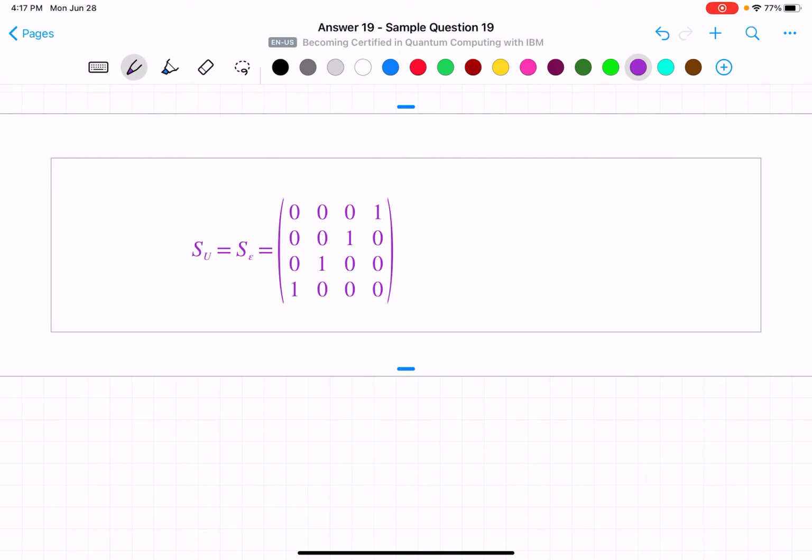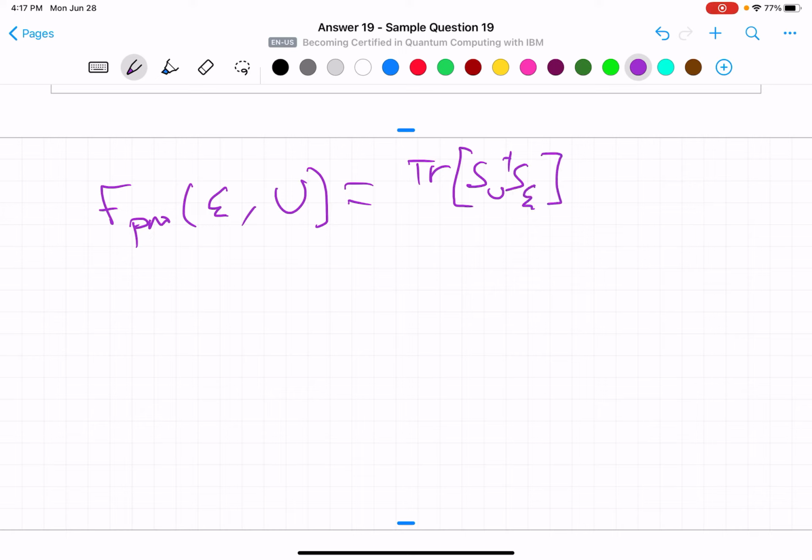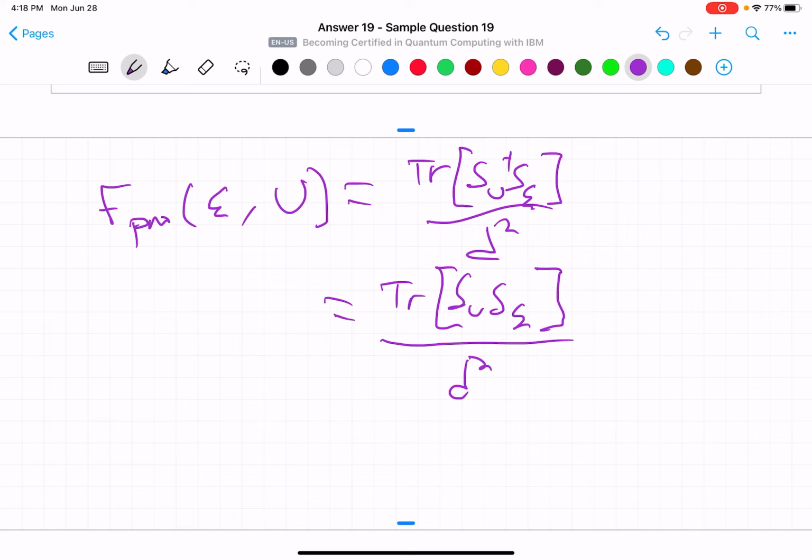So the super operator for epsilon, the noisy channel, happened to be the same as the super operator for the unitary in the definition. And since they are the same, we can solve this more clearly. The fidelity of the process between epsilon and u is equal to the trace of its super operator divided by dimension squared, and the trace for the adjoint of S sub u is going to equal itself, since it has elements off the main diagonal that are all just real numbers.